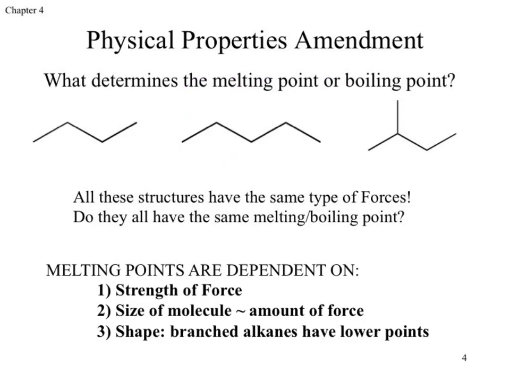All right, the last thing that we could look at is branched alkanes typically have lower melting or boiling points than their counterparts. Are there exceptions? Absolutely. Hopefully you won't have to worry about the exceptions as much. If an exception does pop up on the test, any ideas how it's going to be presented? I could be really mean and just say, rank these, with the exceptions mixed in.